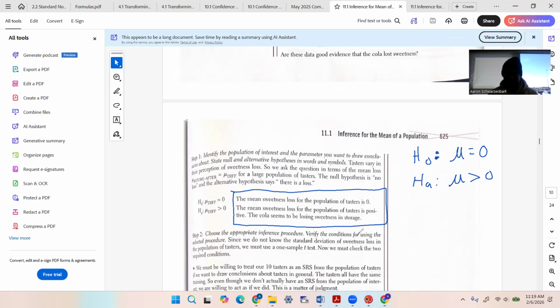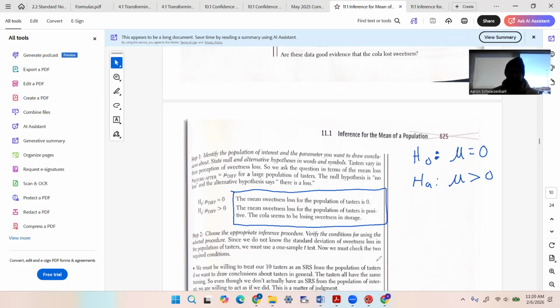We're doing a t-test. We are going to verify the conditions. We're willing to treat our 10 tasters and their sampling as an SRS to draw conclusions. In general, we assume that they're trained in how to rate, but the variability in the ratings of trained tasters will be random.